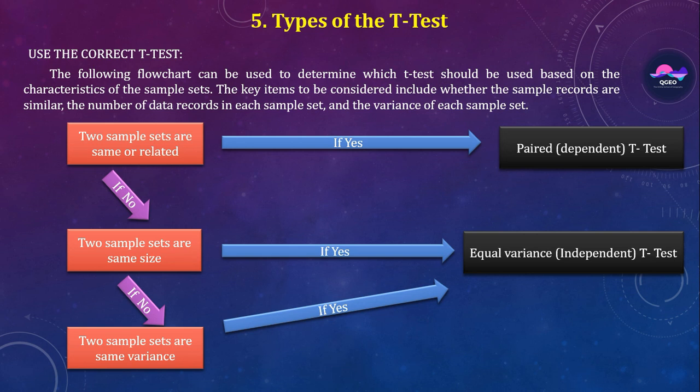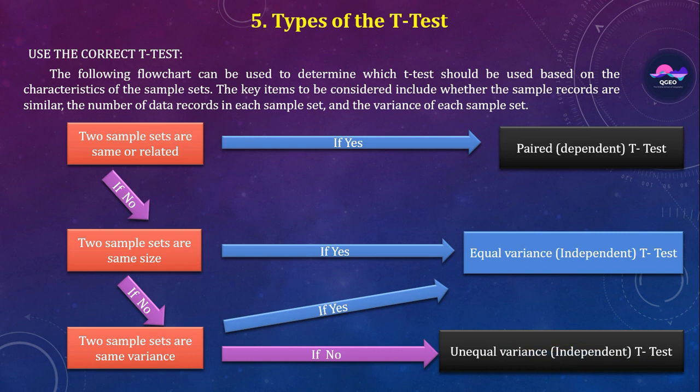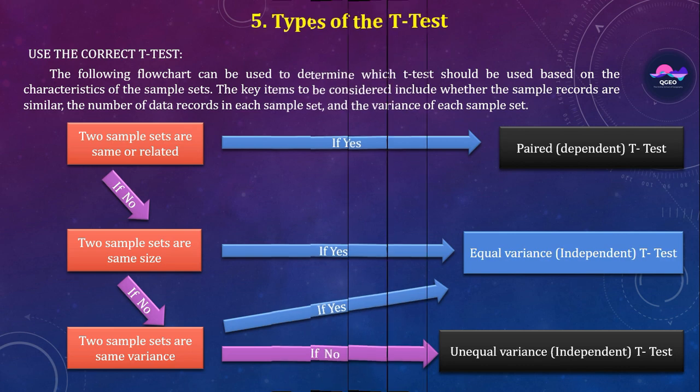If yes, equal variance independent t-test will be used, and if no, then unequal variance independent t-test will be used. Okay, these are the main theme of the t-test for choosing the correct type of t-test.